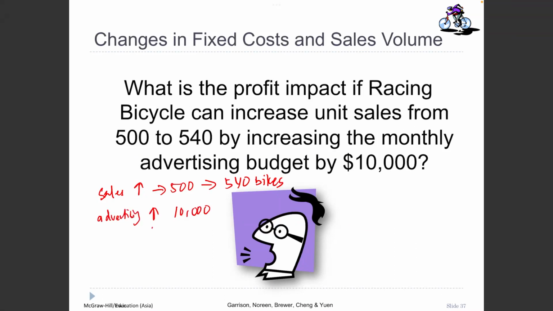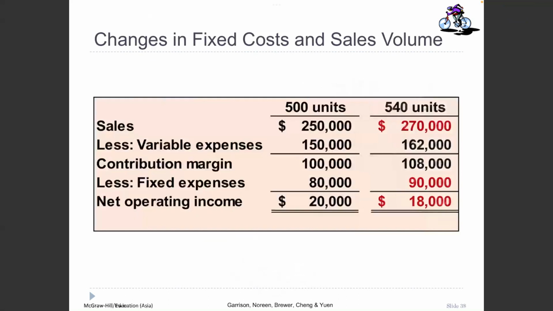When it tells you monthly, this means this is a fixed expense. It means that your fixed expense will increase by $10,000. So how do we calculate when we are given this type of question?